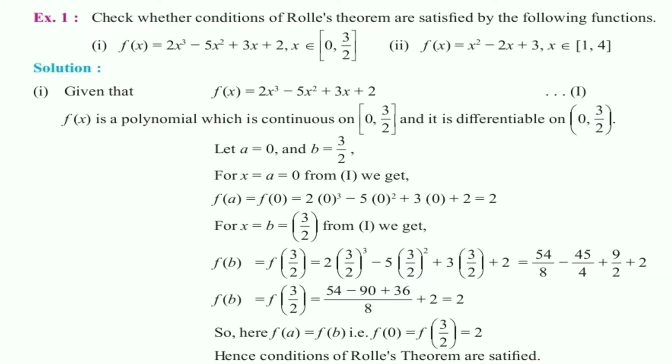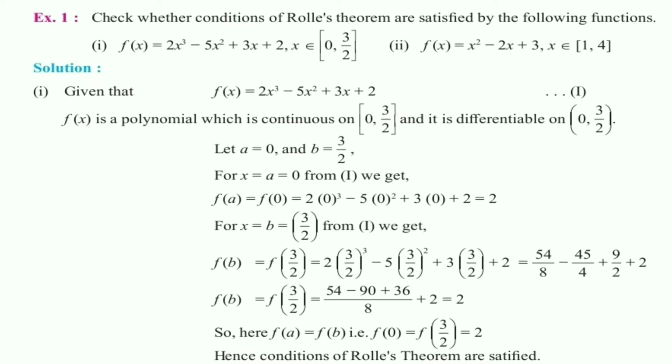Example 1. Check whether conditions of Rolle's theorem are satisfied by the following functions. First example is f of x equal to 2x cube minus 5x square plus 3x plus 2, where x belongs to closed interval [0, 3/2]. Solution.